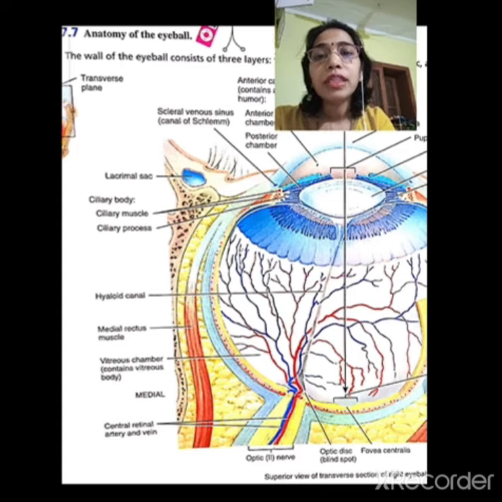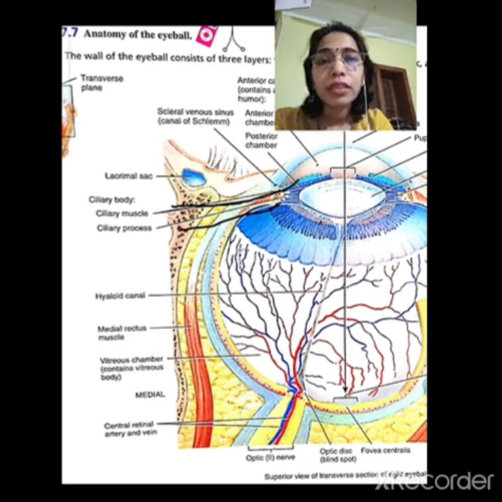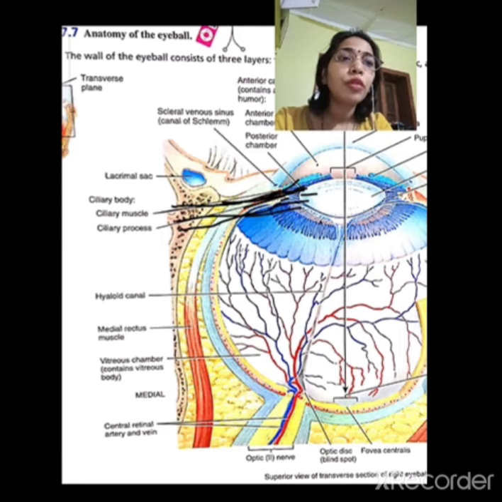Here is the ciliary body, that is, the ciliary muscles and their processes. Now it extends from the ora serrata, the jagged anterior margin of the retina, to a point just posterior to the junction of sclera and cornea.